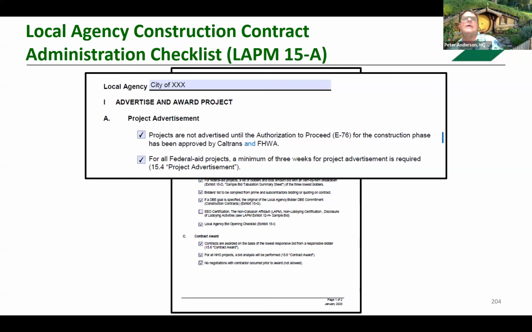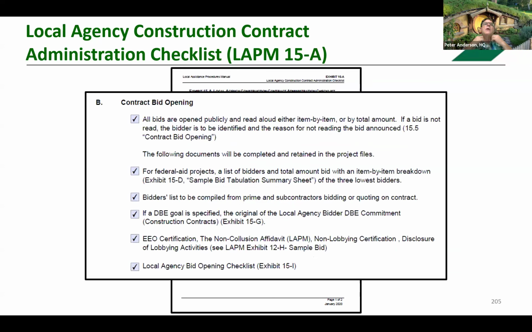Federal aid projects, we have a minimum of 3 weeks for advertisement. Now, these are reminders. Contract bid opening, all bids are opened publicly and read out loud. Agencies are to complete and retain in their files a bid tabulation of the 3 lowest bidders.